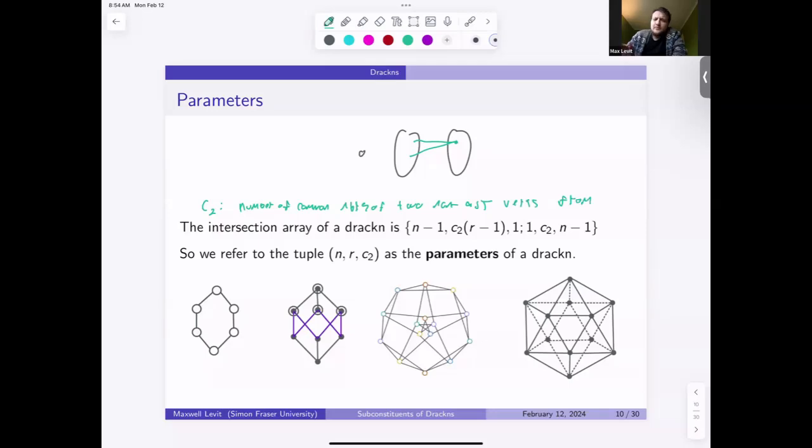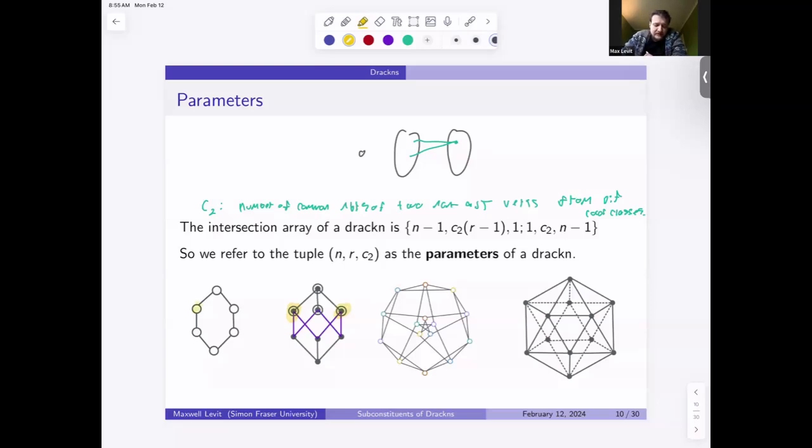I don't know if I defined fiber, but a fiber is a color class. So in particular, if I look at 2 non-adjacent vertices here, they have 2 common neighbors, so that C2 value is 2. You can check that's going to be the same for all of them, but that's what it means. This is distance regular.